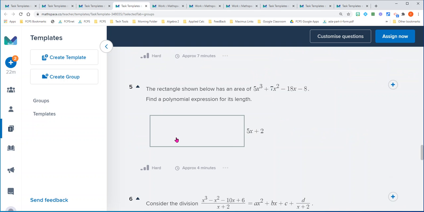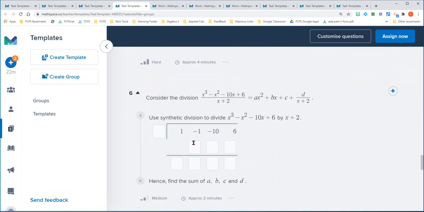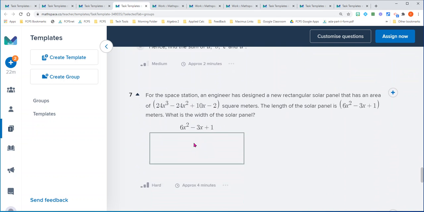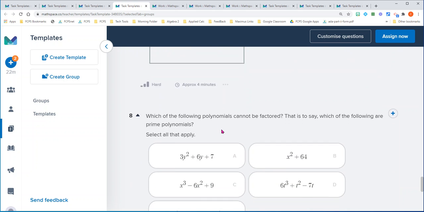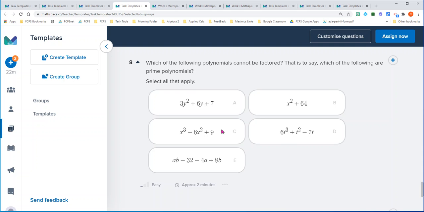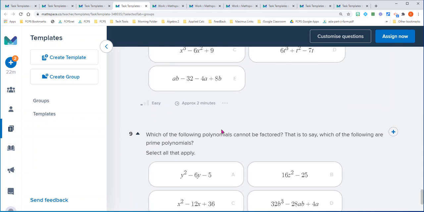All right, let's go ahead and keep going. And yes, question 7 is just like the one we did, but you actually have to do the long division. Okay.